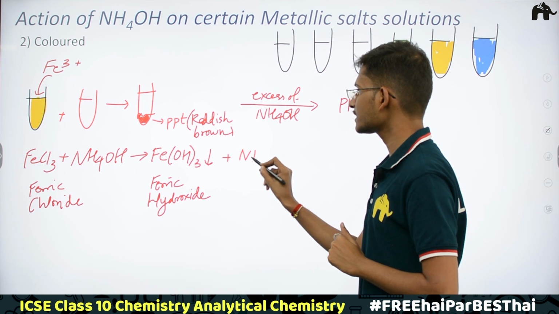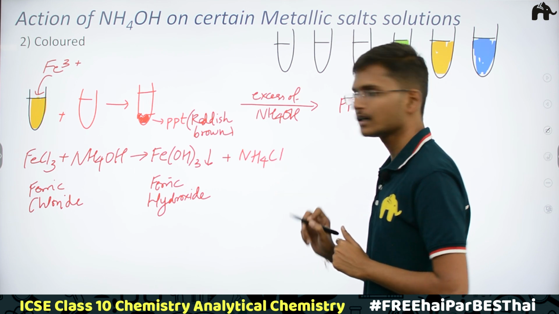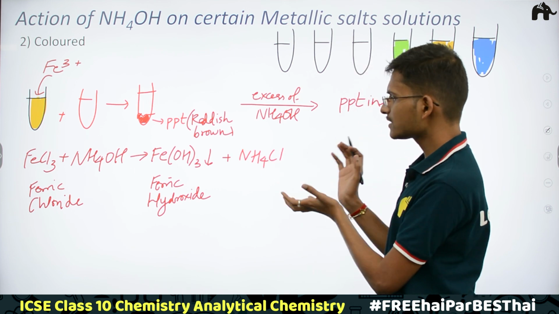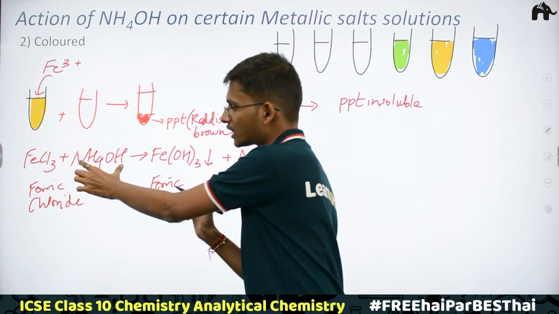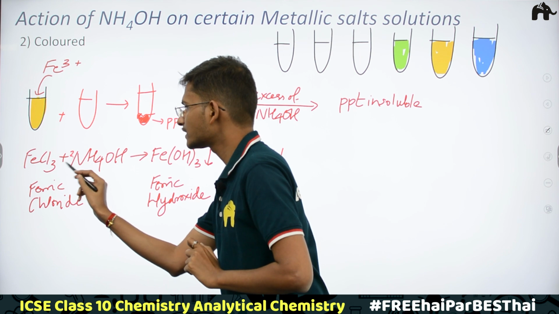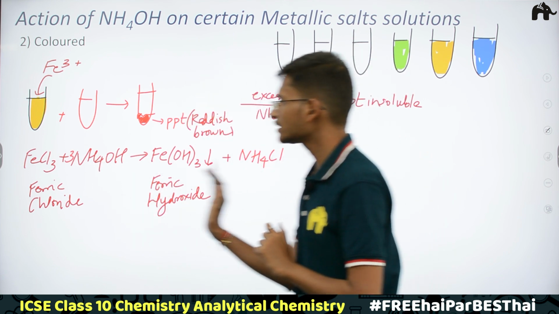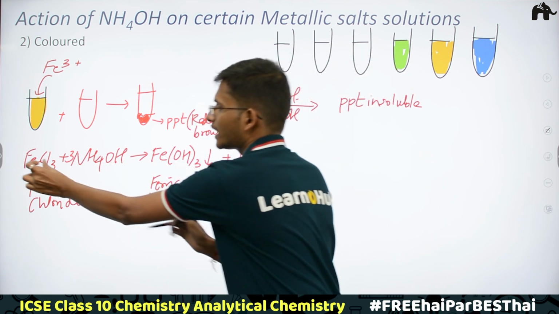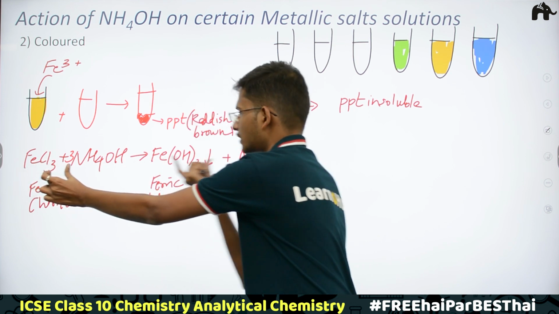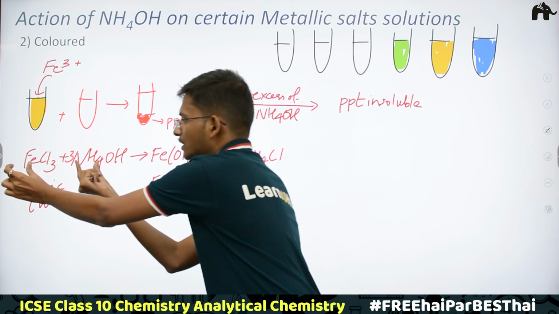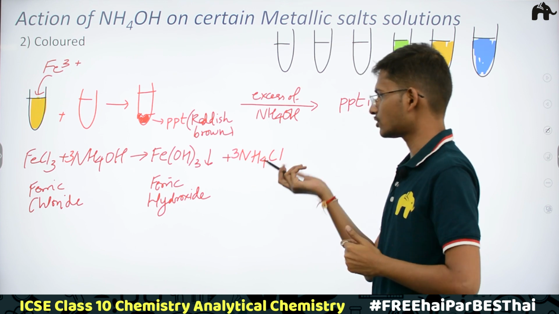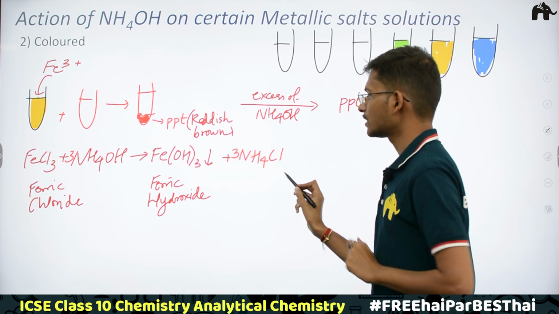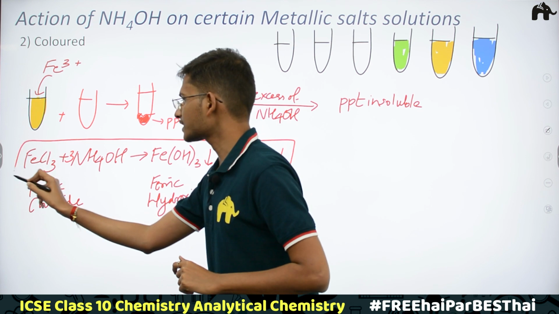So ammonium ions and chloride ions would form ammonium chloride. Now let's balance this reaction. 3 OH- ions should be coming from ammonium hydroxide, so we need 3 ammonium hydroxides. Now, 1 Fe ion, 3 ammonium hydroxide. This is balanced. Now 3 ammonium ions and 3 chloride ions would make 3 ammonium chloride. This is also balanced. So this is our balanced chemical reaction.